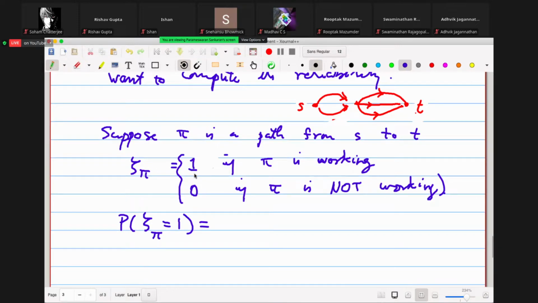In other words, even before we compute it, that's the main point, we want to express zeta pi in terms of x_e.